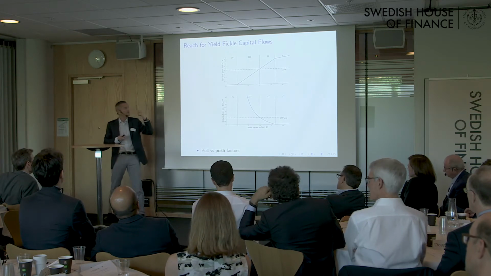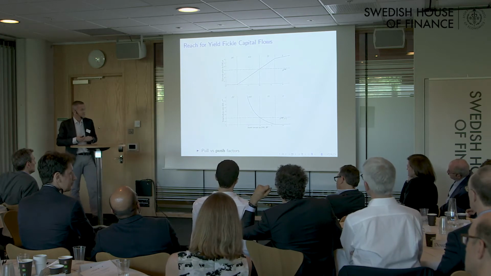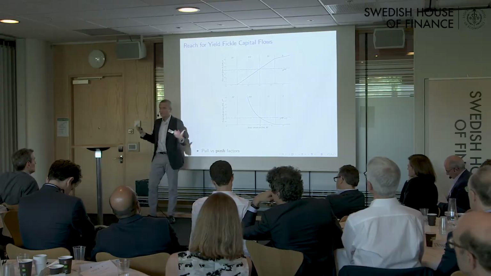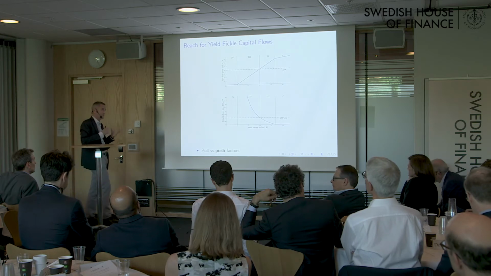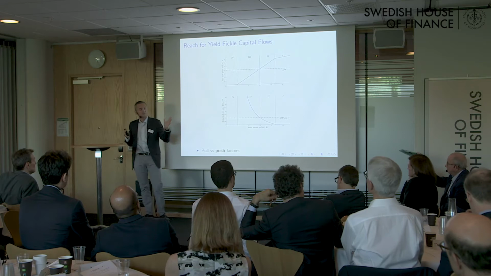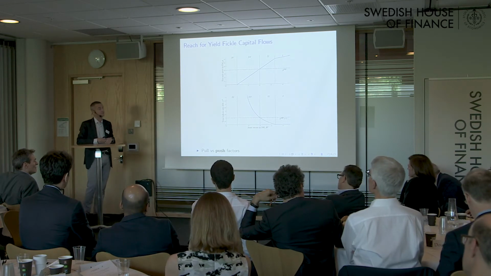Okay, and so Alp Simsek and I wrote a recent paper in which we show that even if capital flows are fickle, you want to have an integrated capital market, and that dominates most scenarios. But there is one exception, which is when the expected return in developed markets and domestic markets is sufficiently different.